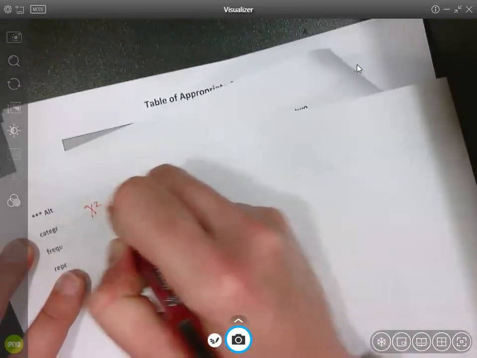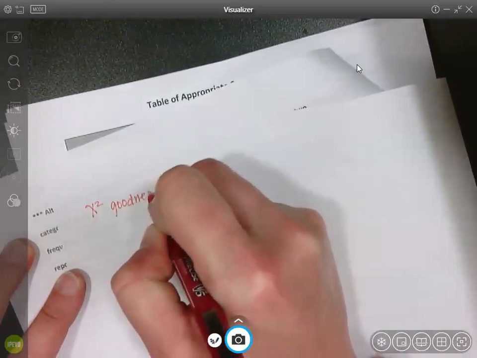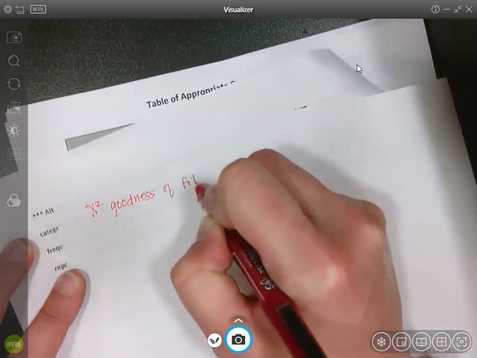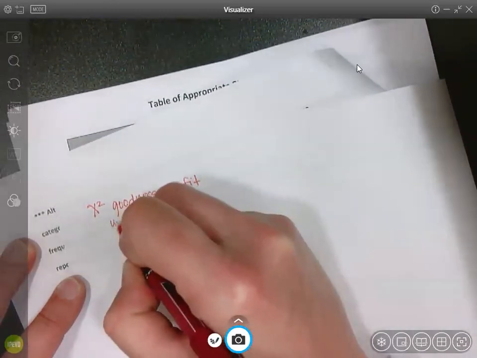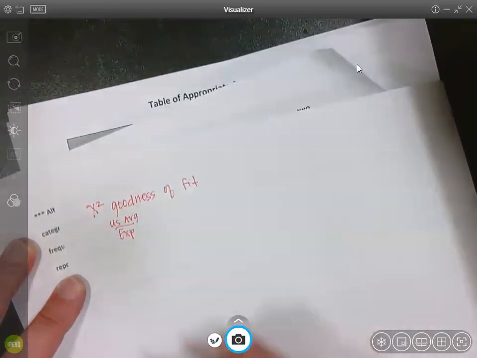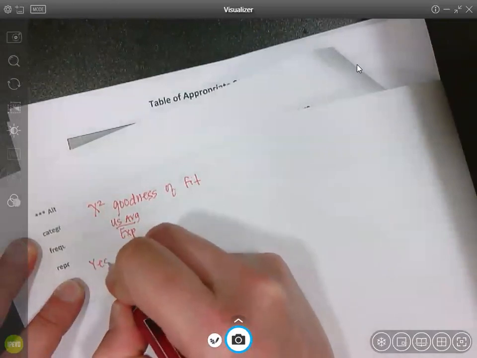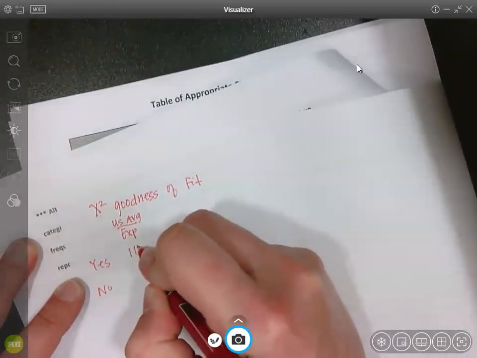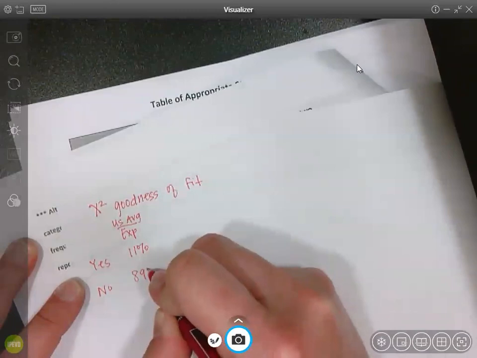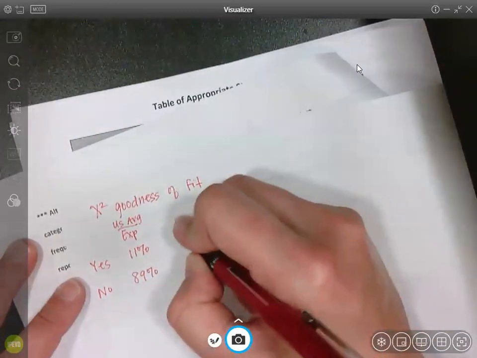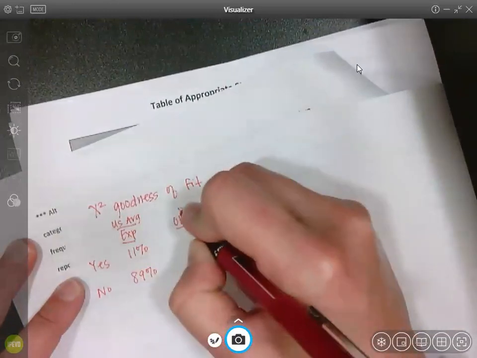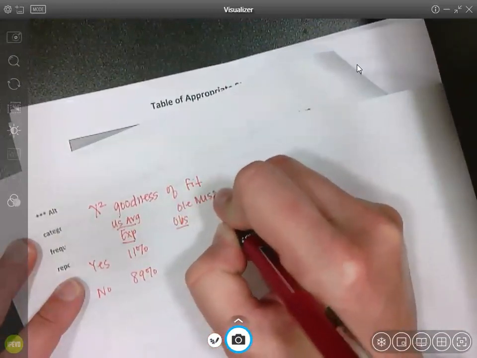What this chi-square goodness of fit test is going to do is take our expected distribution, which is coming from the US average, where 11% of children were prescribed and 89% were not, and compare it against what we observed from Ole Miss students.